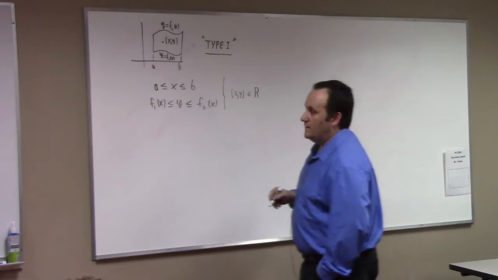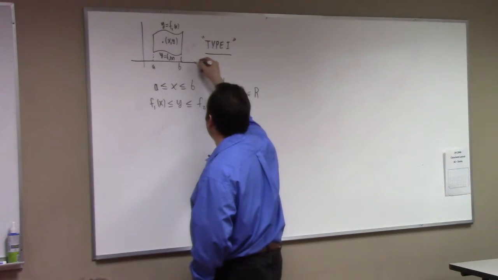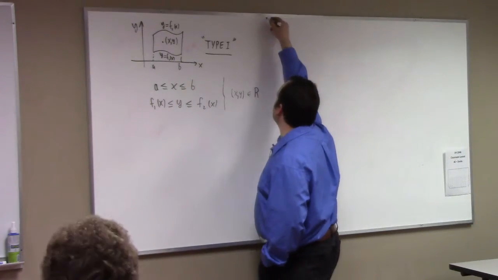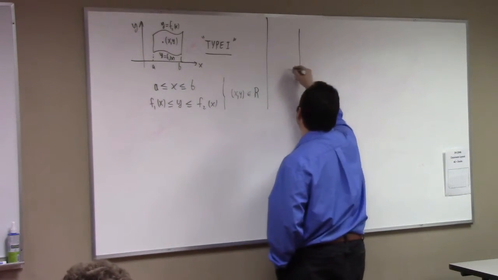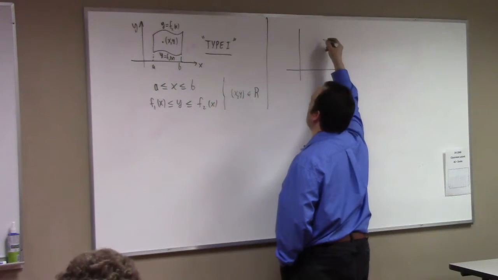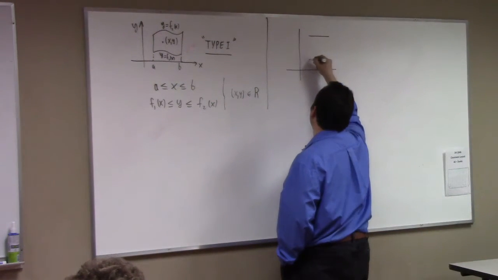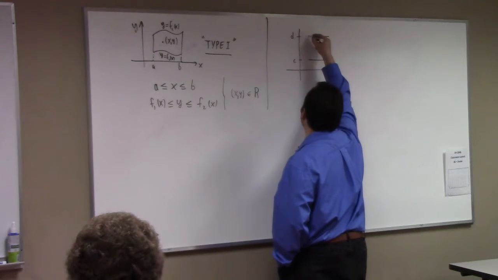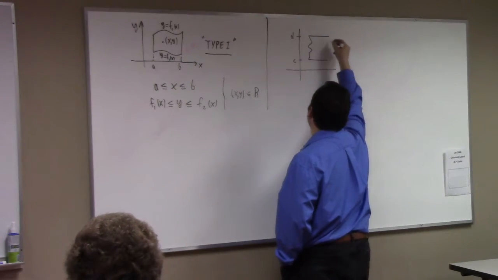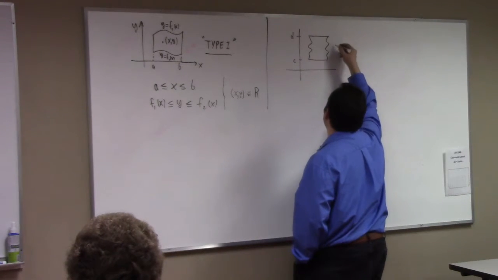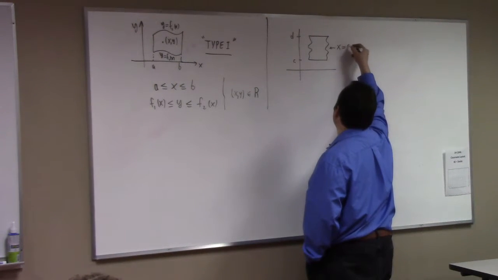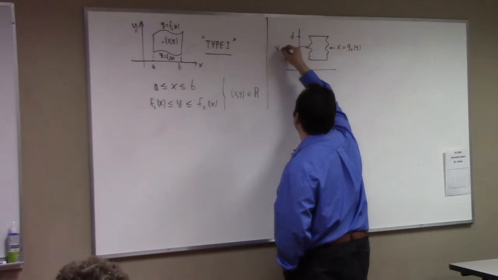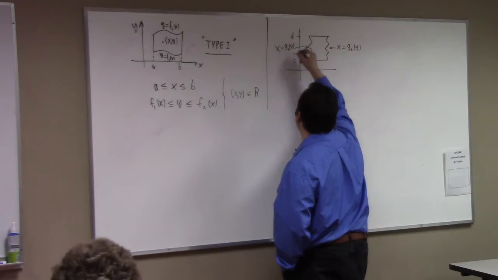All right. Now, so that's a type 1 region. You can also talk about type 2 regions. A type 2 region looks more like the following. c, d. And then over here, squiggle, squiggle. So here we're looking at x equals g2 of y. On the other side, we're looking at x equals g1 of y.